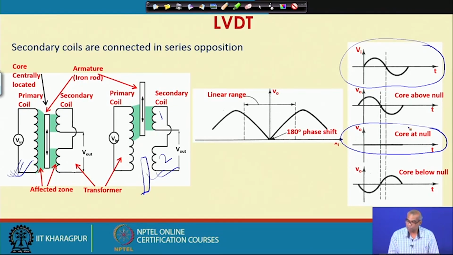But when the core is above null or core is below null, we will have a non-zero voltage. But look at the plot for core above null and then look at the plot for core below null. Both are sinusoidal, but there is 180 degree phase shift. So, there is a linear range for these instruments working.